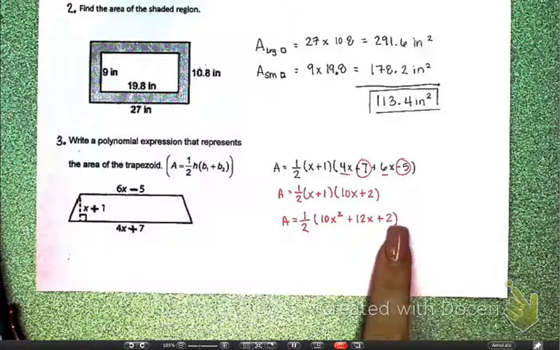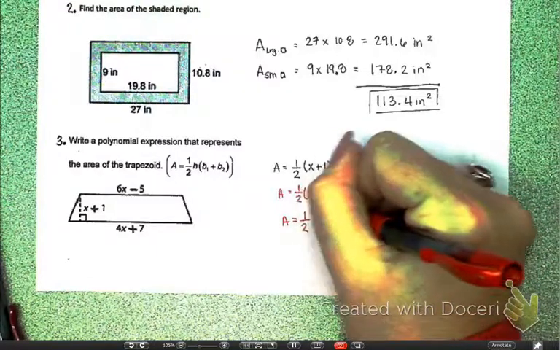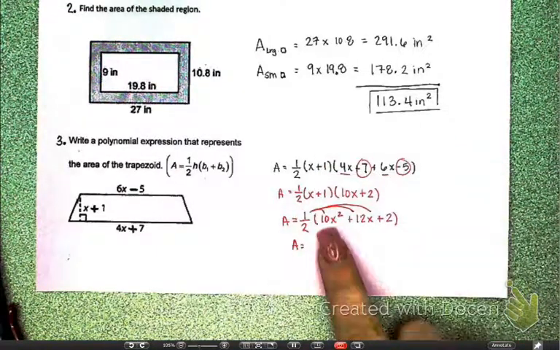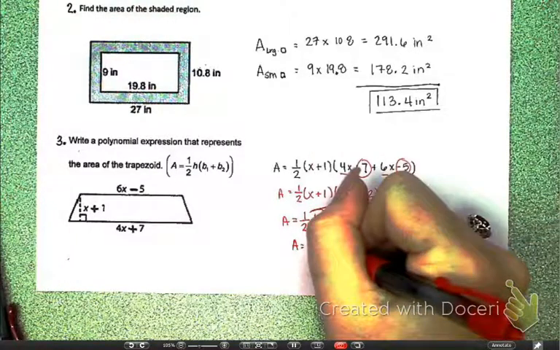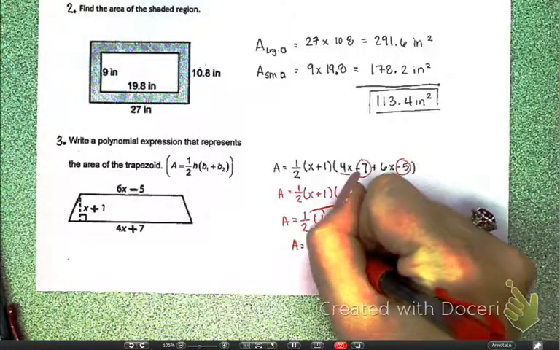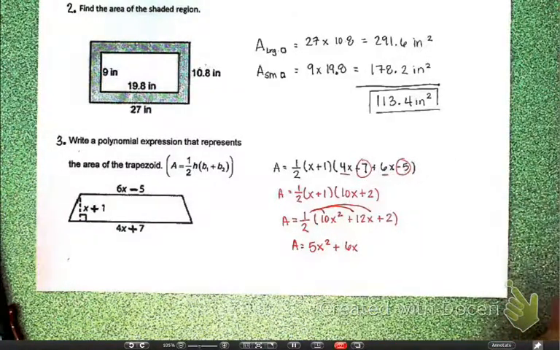They're all divisible by 2, so that fraction's going to go away and we don't have to deal with a fraction. But if I distribute in 1/2, the area of this trapezoid, so 10 divided by 2 is 5x squared. 12 divided by 2 is 6x, and 2 divided by 2 is 1.